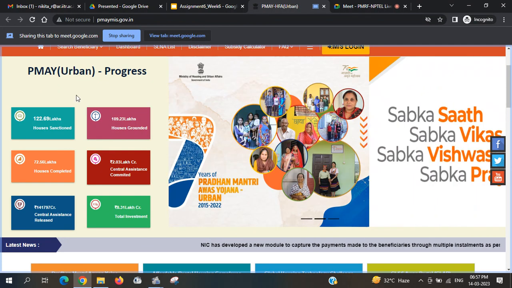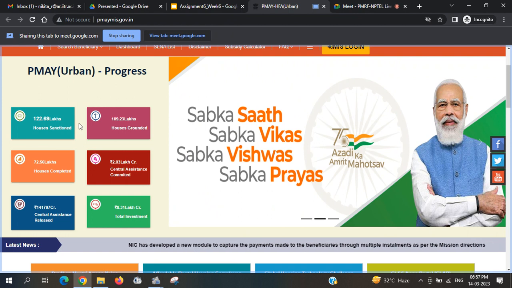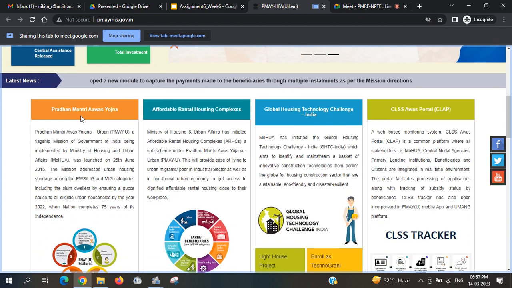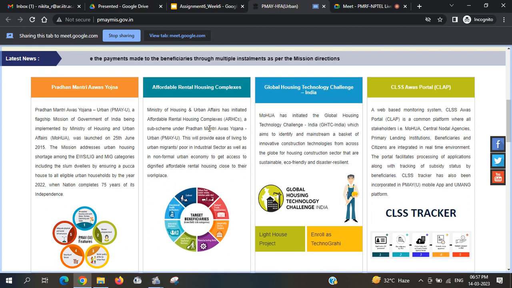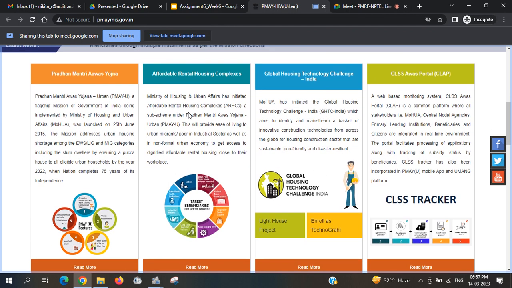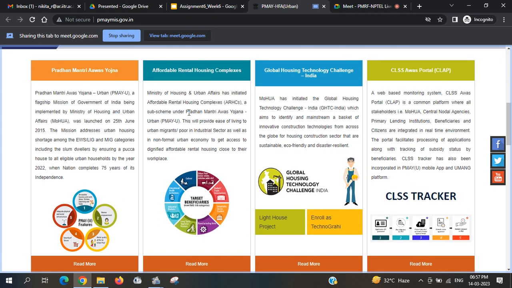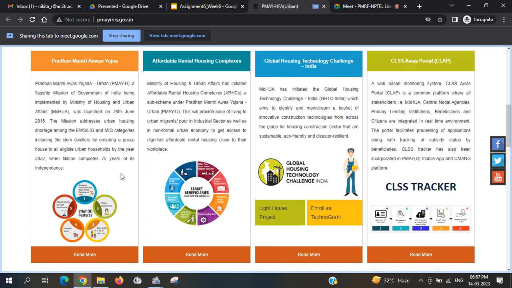So this is the progress that has been displayed on the website. You can even see details of different programs or subparts of the PMAY. For example, this is CLSS or CLS Awas portal. So this is a platform where stakeholders, which are the Ministry of Housing and Urban Affairs, central nodal agencies, and lending institution beneficiaries etc.